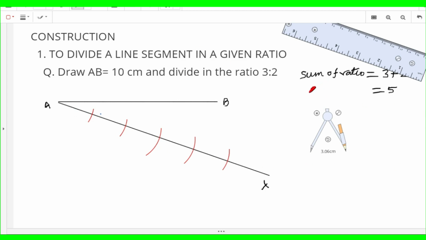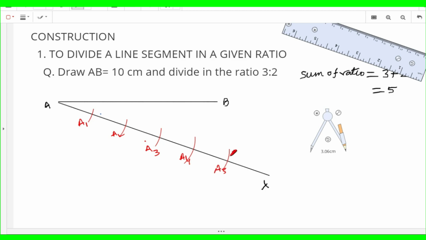Now we have to name these points. Since we are starting from A, name this point A1, then mark this A2, then mark this A3, mark this point A4, and mark this point A5.